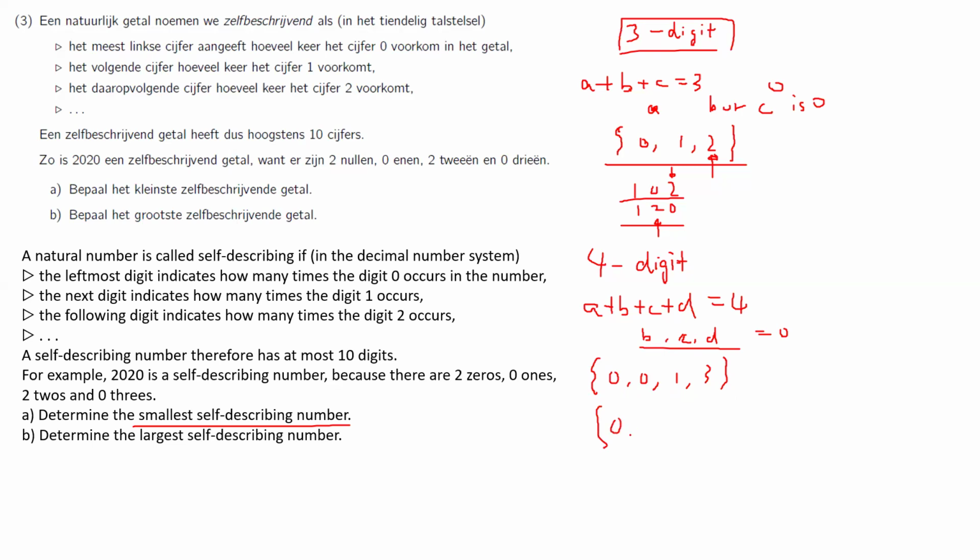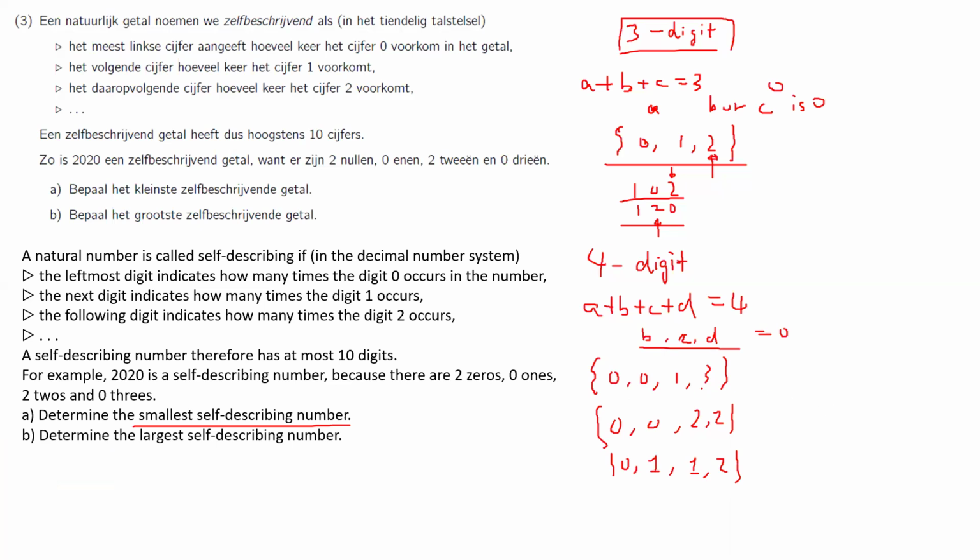Or we have 0, 0, 2, 2. Or no, sorry, no more zeros, otherwise it makes no sense. So here is 0, 0, 1, 1, and 2. So they are all the possibilities regarding the combinations of digits.